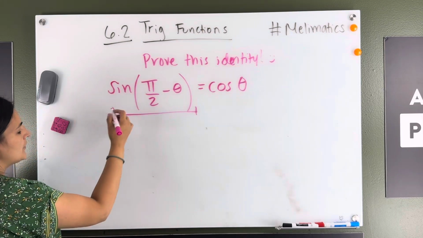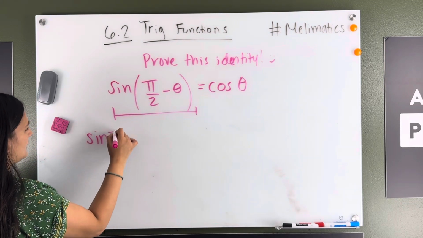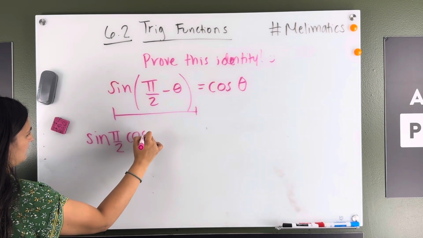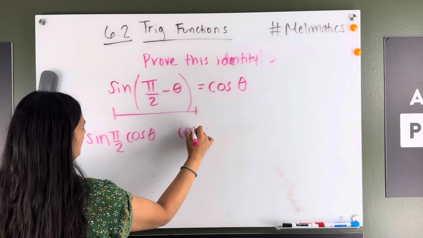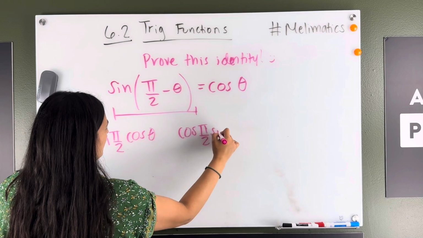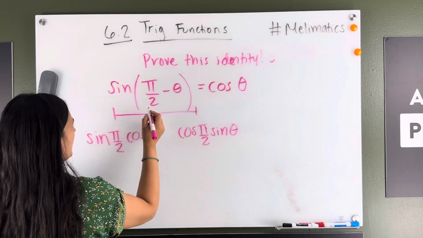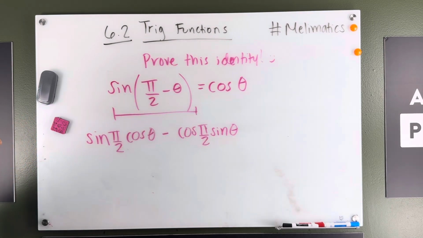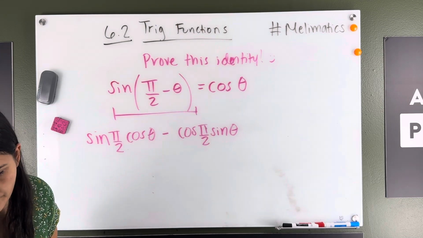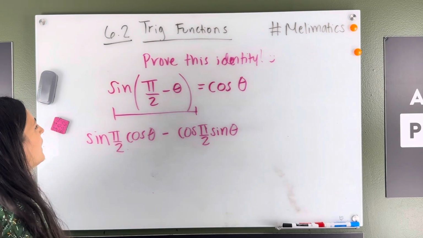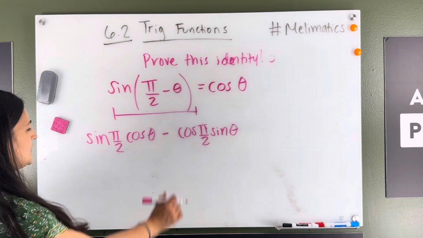Remember that sine of a difference is sine, cosine, cosine, sine, and you use the same sign. Sine, cosine, cosine, sine of, yeah, this is theta, of these two angles.